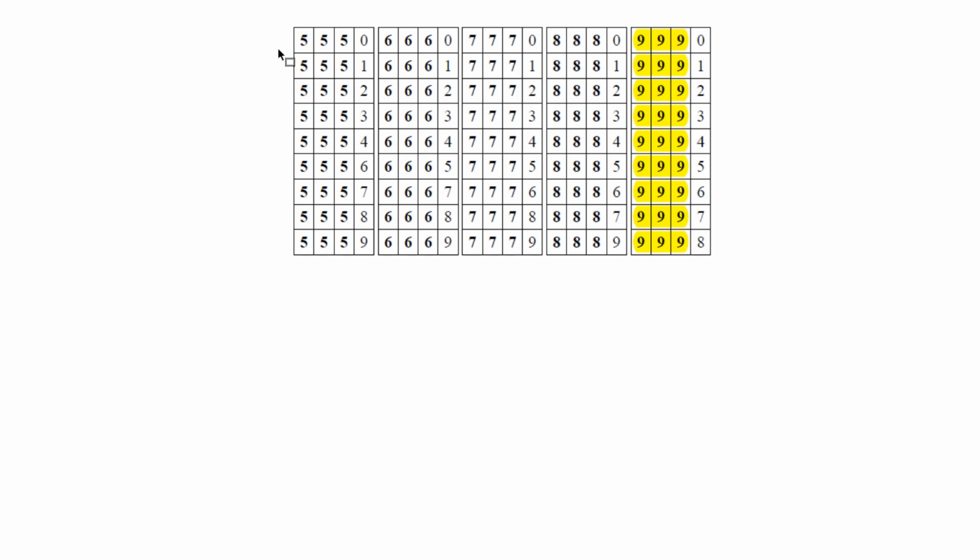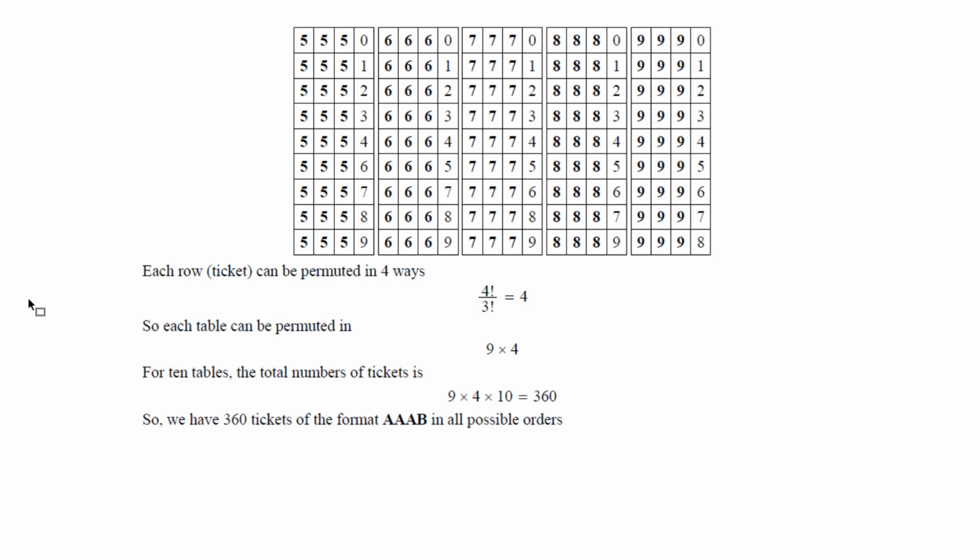and each table contains all these tickets, and each ticket can be permuted in how many ways? Can be permuted in 4 ways. So each table contains 9 tickets and each ticket can be permuted in 4 ways. So we are going to get 9 times 4, which is the number of permutations per one table, and we have 10 tables.